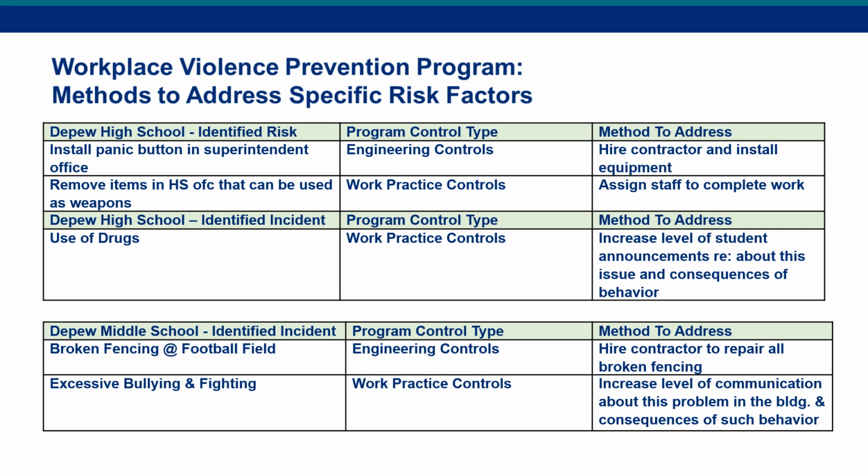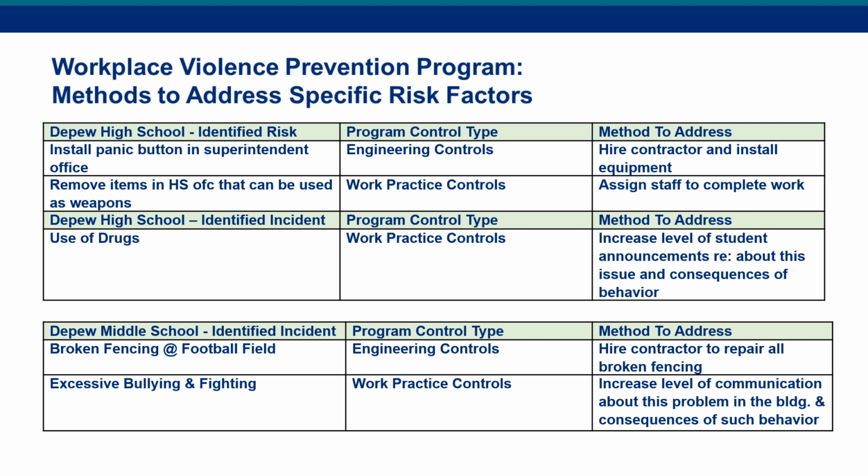Next, we see identified risks at Depew High School. These include installing a panic button in the superintendent's office and removing items in the high school office that can be used as weapons. Repeating, we have our program control type in column 2 and the identified method to address those risks in column 3.